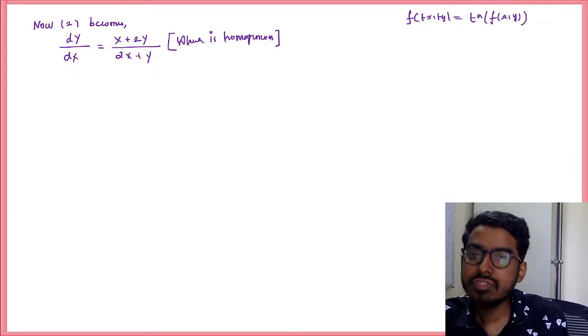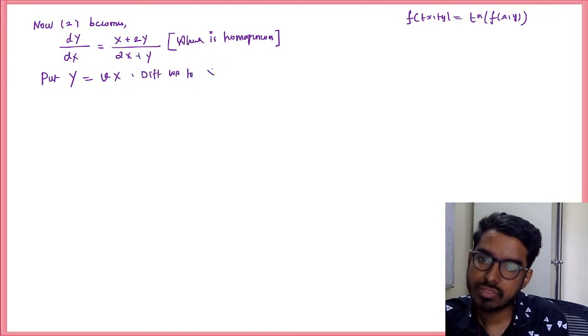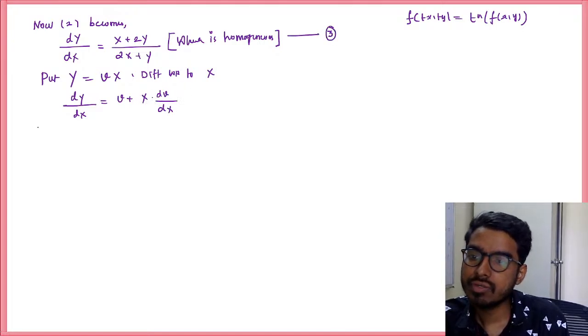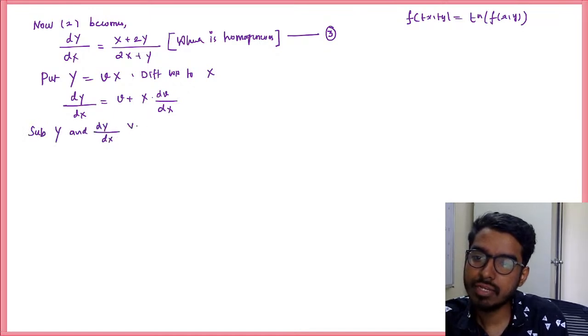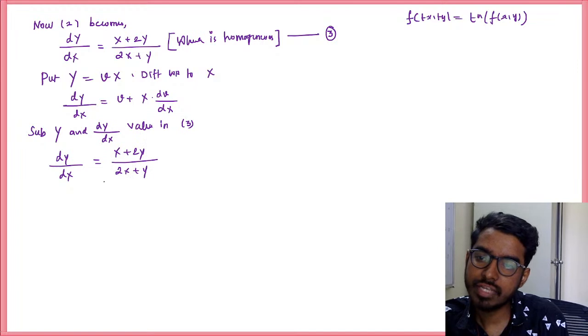Now, since it is homogeneous, you have to follow the previous method. Put capital Y equal to Vx. Differentiate with respect to x. So we will have dY by dX is equal to V plus X into dV by dX. Let's call this equation number 3. Substitute capital Y and dY by dX in the equation.